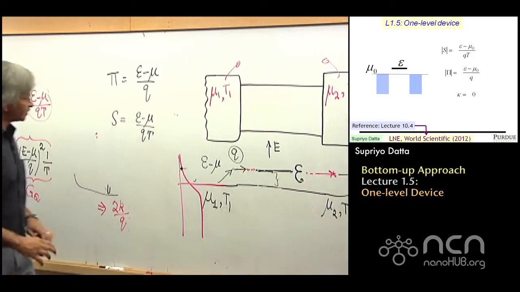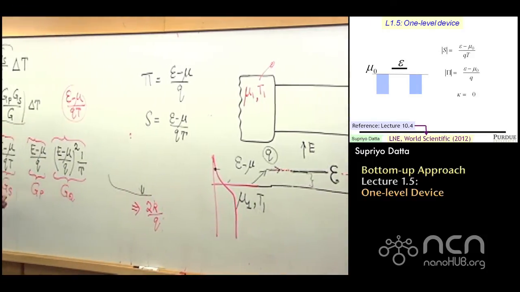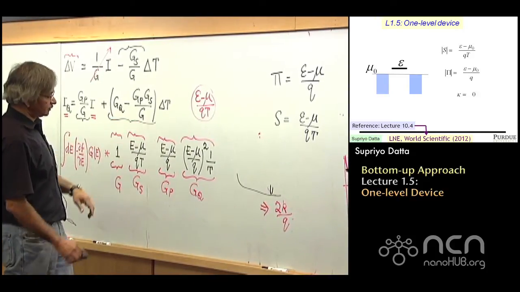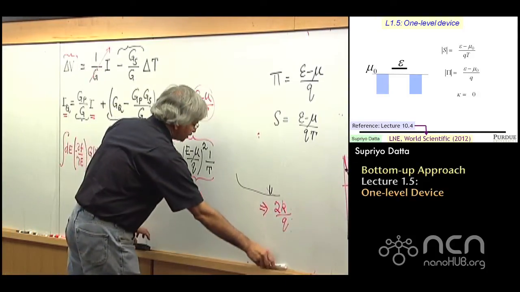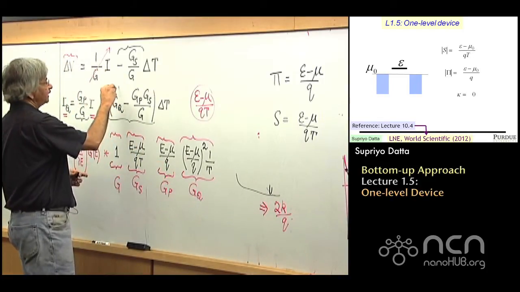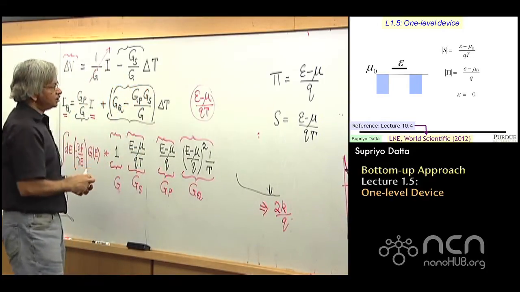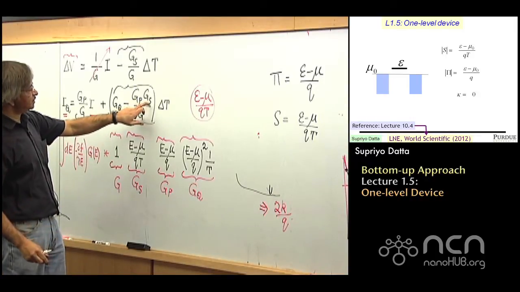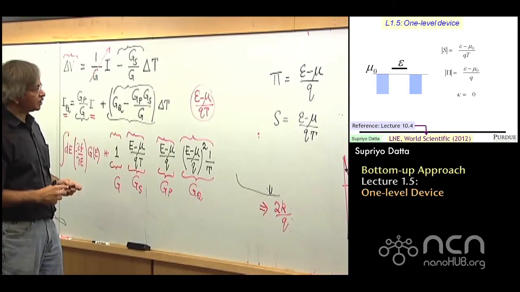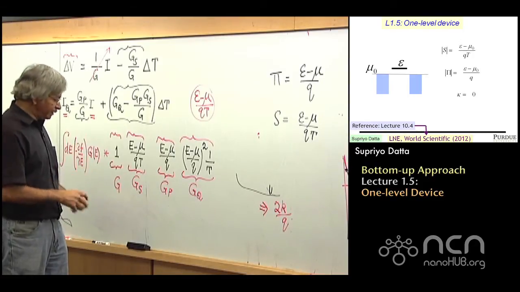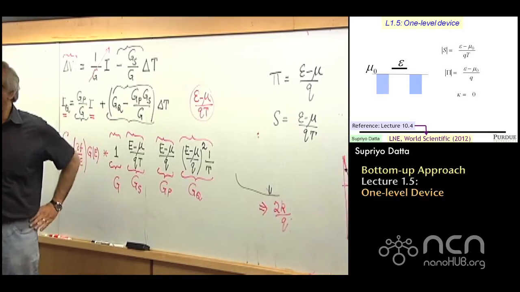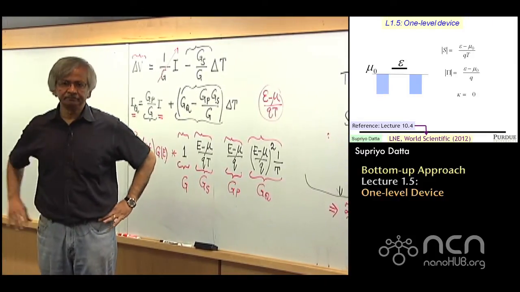Now, what's interesting is also this last one, namely the heat coefficient. That is the one which comes from calculating that quantity, G_Q minus G_P G_S over G. Formally again, if you calculated the heat current, and that's part of this homework problem, you'll get 0.